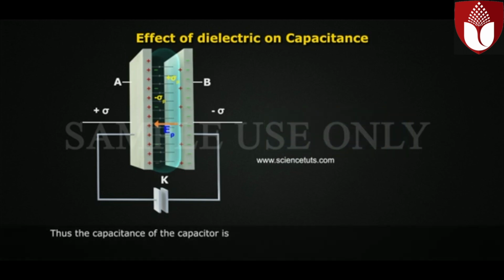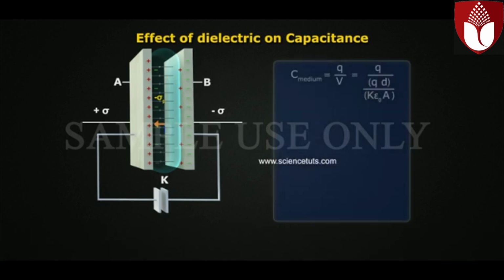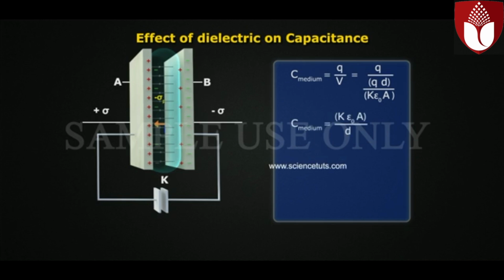Thus, the capacitance of the capacitor is C medium equals Q by V, equals Q by Q d by K epsilon naught A. C medium equals K epsilon naught A by d. C medium equals K times C air. Therefore, K equals C medium by C air.